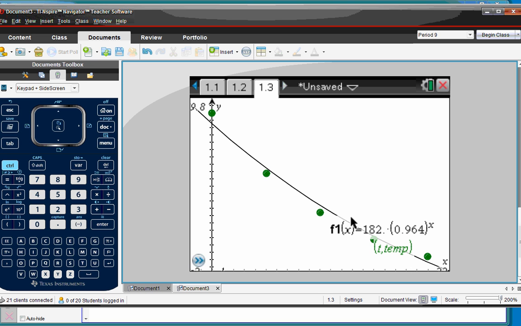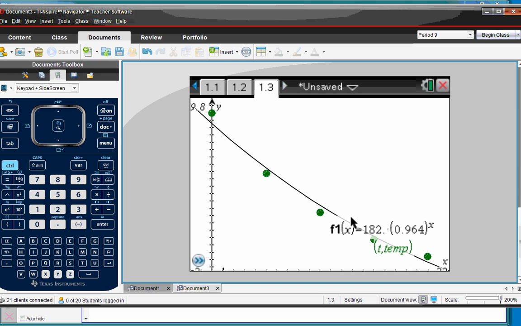Okay, well I have a problem with this. And my problem is this. If you look at this function, what is the typical asymptote for any exponential function out there? What is the typical asymptote? Asymptote being the line where our graph never crosses, okay? So where is it typically?